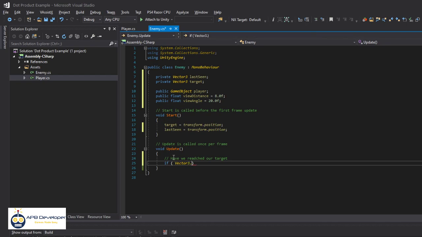So let's just get the distance between our current position and our target position.